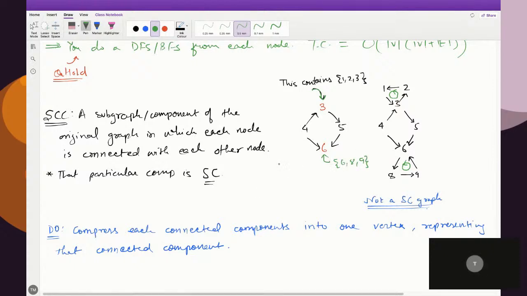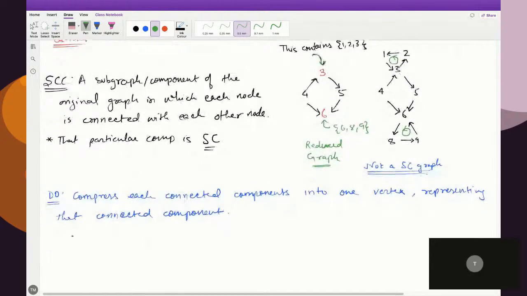Okay, so can you say something about this reduced graph? This is the reduced graph. Can you say something about this reduced graph? Claim: the reduced graph so formed is a directed acyclic graph.